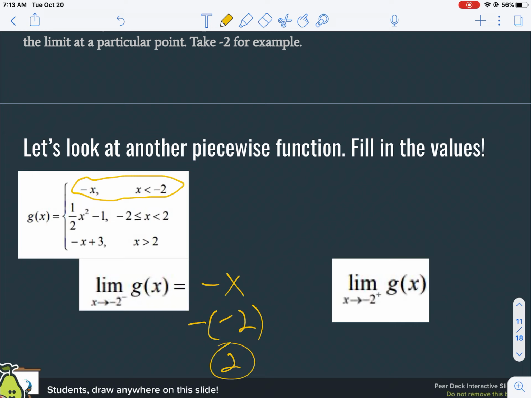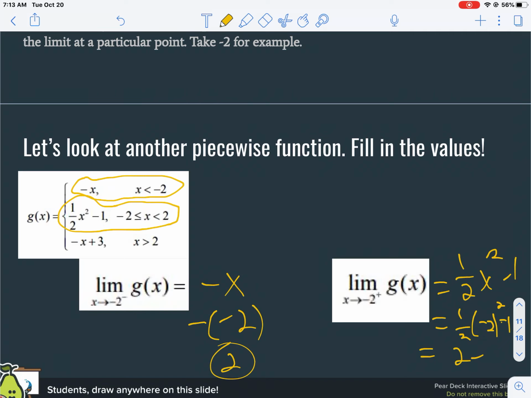From the right, numbers bigger than negative 2, or slightly bigger, we choose the second function, 1/2 x squared minus 1. Okay? Then we get 1/2 times negative 2 squared minus 1. Then we get 2 minus 1 equals 1.